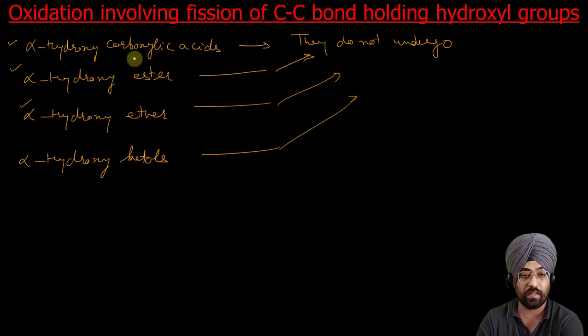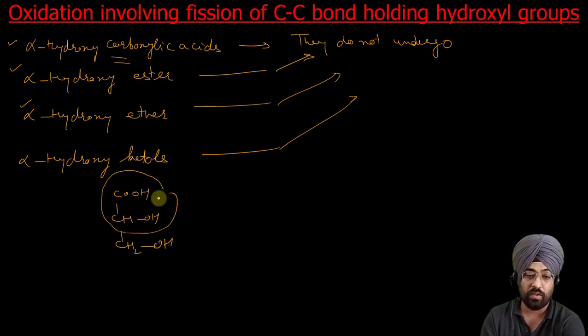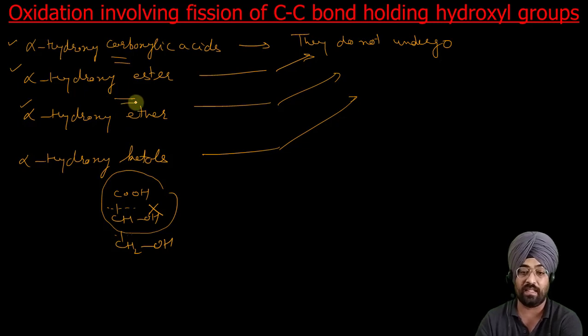So let us write the structures. Alpha hydroxy carboxylic acid means COOH CHOH CH2OH. This is an example of an alpha hydroxy acid. This bond will not be cleaved because they do not undergo such reactions, but this bond can be cleaved. Alpha hydroxy ester: now instead of carboxylic acid we have an ester. So this is your alpha hydroxy ester. This bond will not be cleaved.